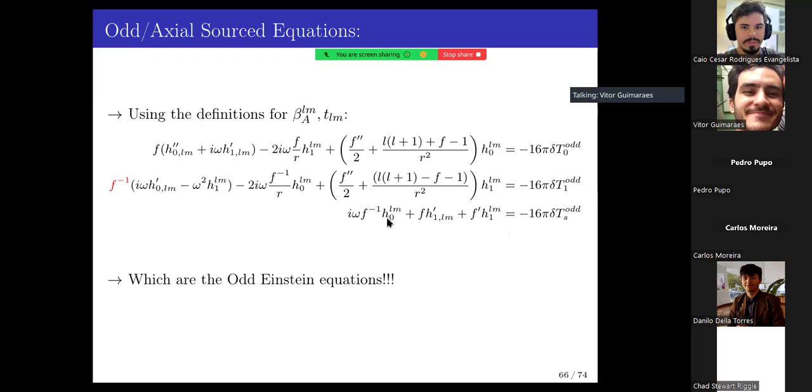There are derivatives with respect to time as well. Here, all the first and second derivatives, these primes, are with respect to r. Berti has first and second derivatives with respect to t, which will render these terms as soon as you do the Fourier transform.